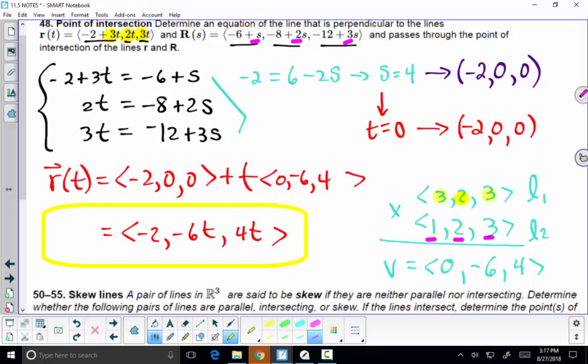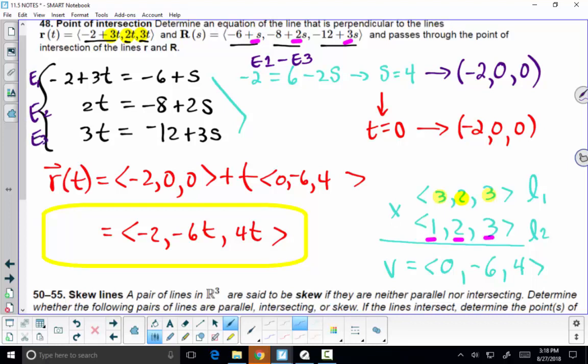Say that once again. How are you getting the equation for s equals 4? How am I getting this right here? Okay, so when we have a system, we can either use elimination or substitution. What I did was subtract. This is equation 1 minus equation 3. This one we're calling equation 1, this one's equation 2, and this one's equation 3.